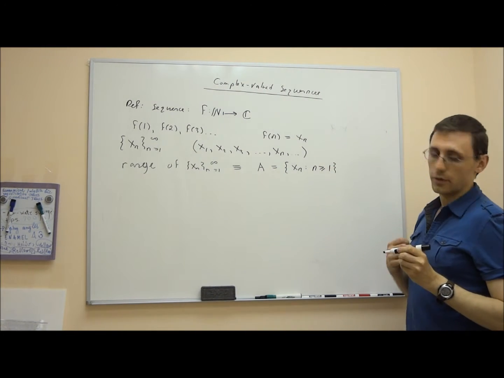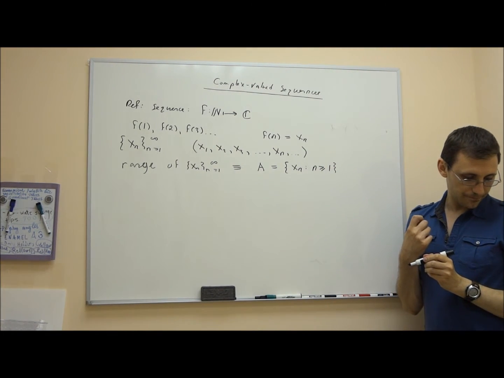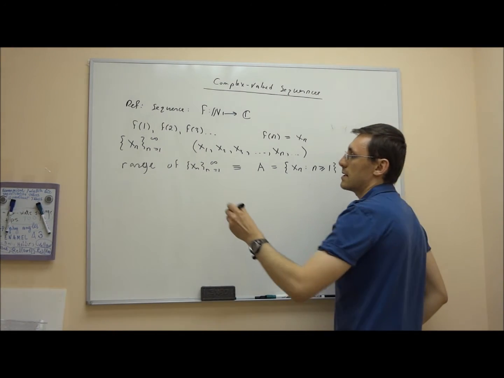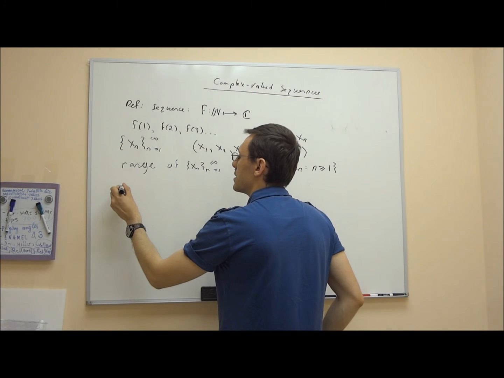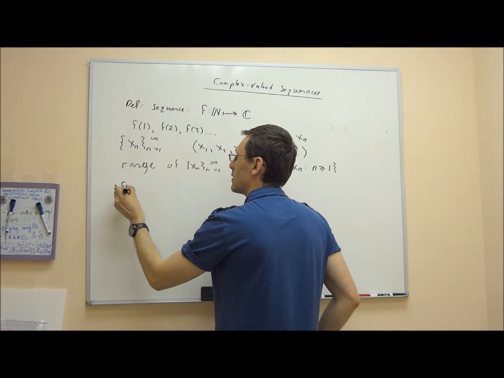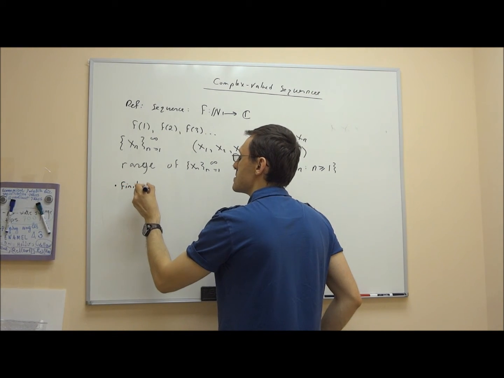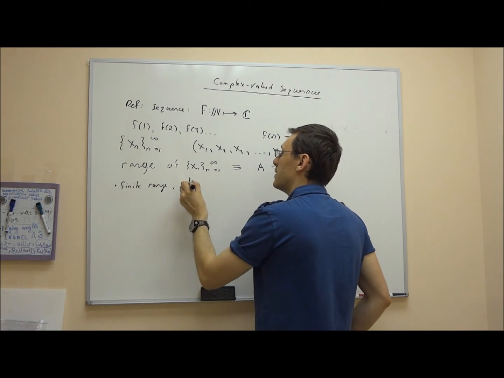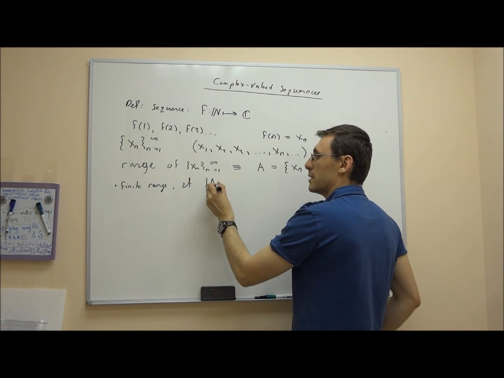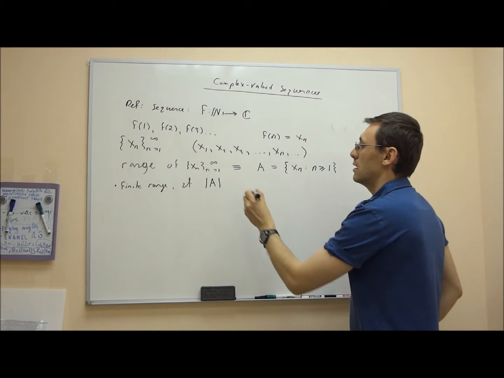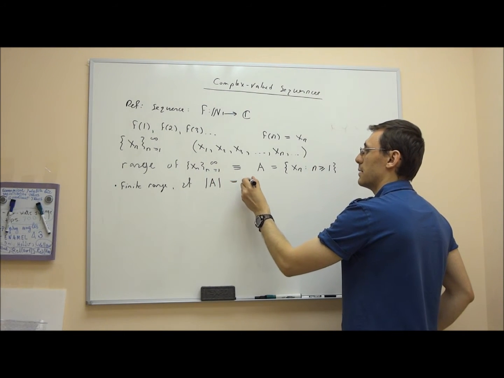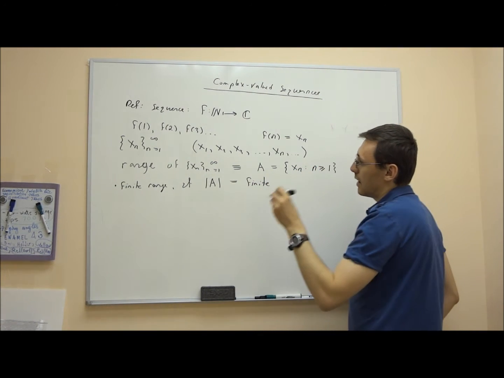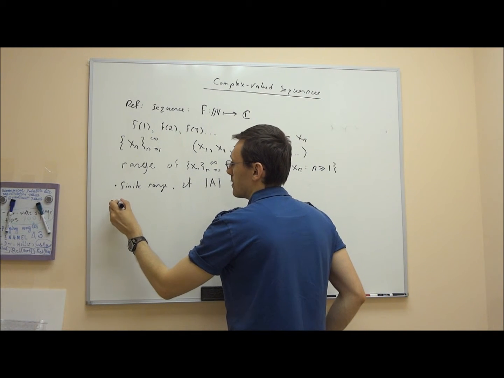So this is just the set of all possible outputs. We're going to shortly present those examples. So a sequence is said to have a finite range if the number of elements in A is a finite number, and infinite otherwise.